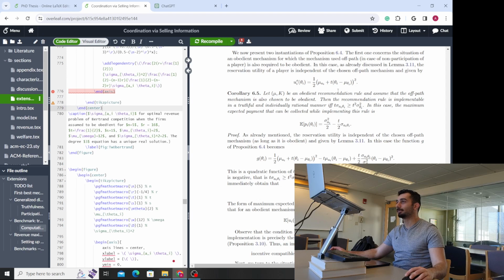The off path mechanism is required to be obedient.